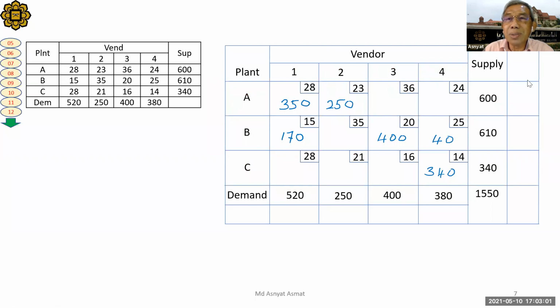So as usual, we are going to find U, I, V, J. Can we continue? Brothers, sisters, are you ready? Nobody's responded. We do U, I, V, J. Or have you completed already?